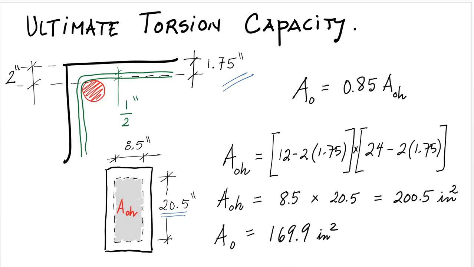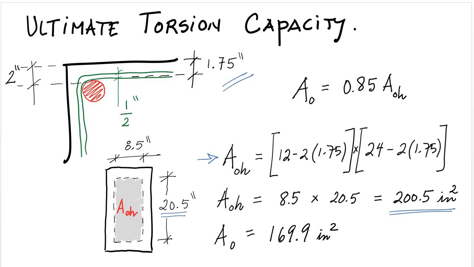area enclosed here shown in gray, AOH, with the red font, that area there is calculated right here. So it's 8.5 times 20.5, that results in 200.5 inches square.